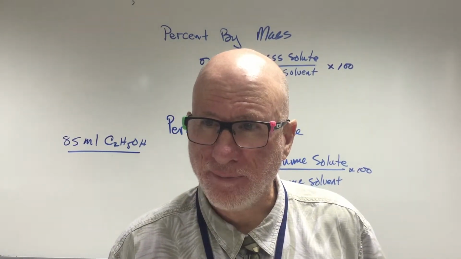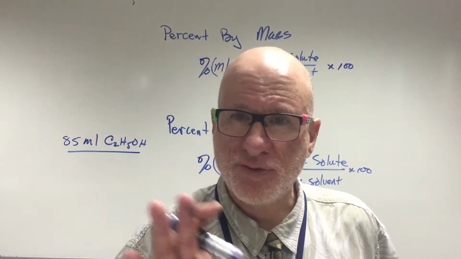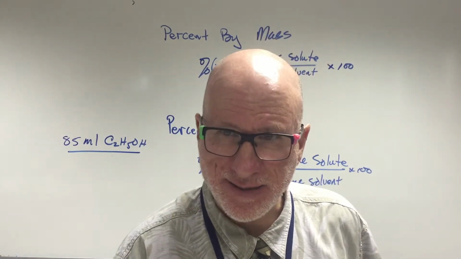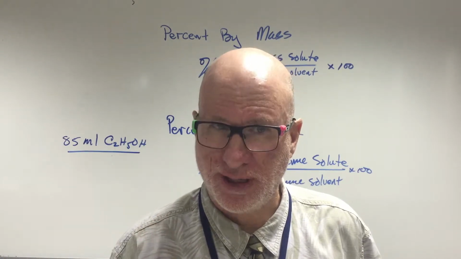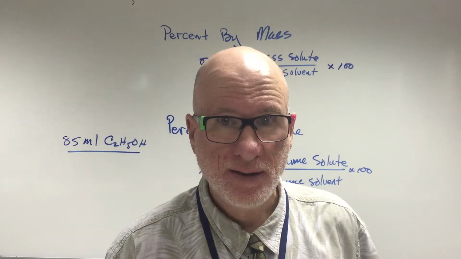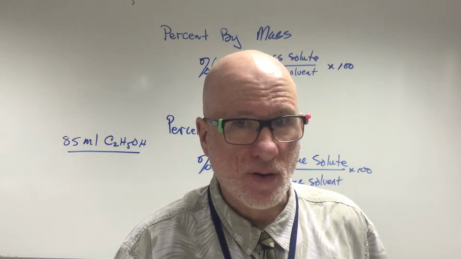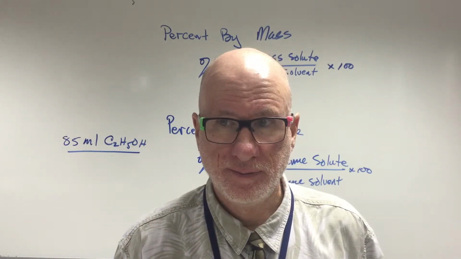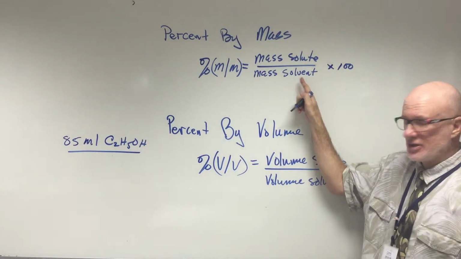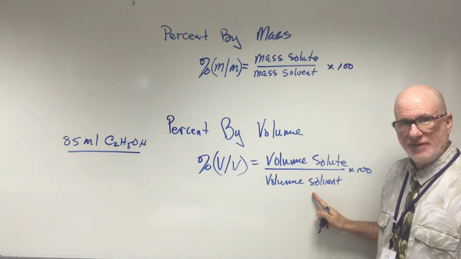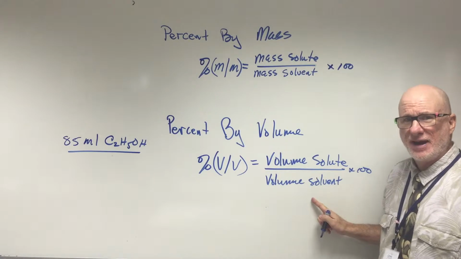Is it volume of solvent or volume of solution? That's big. Volume of solvent or volume of solution? Volume of solution. That says volume of solvent. Is that correct? Who put that up there?